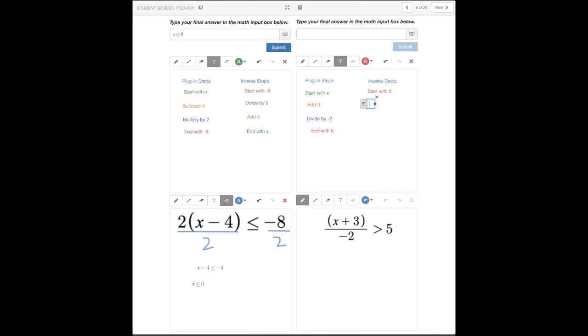Now, the opposite of dividing is multiplying. So we multiply by negative 2. I'm going to change that to purple. And also, I want to remind myself to switch the inequality, because I'm multiplying or dividing by a negative. Switch inequality symbol.